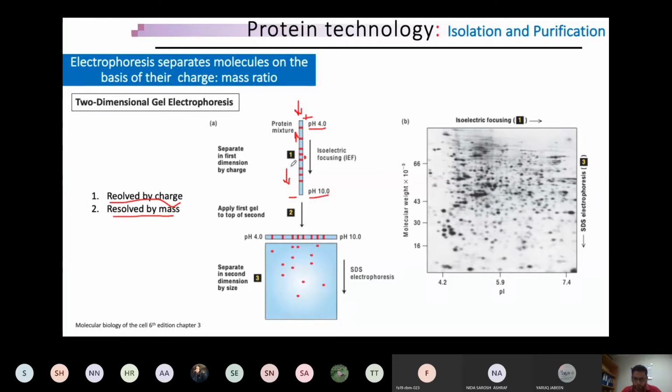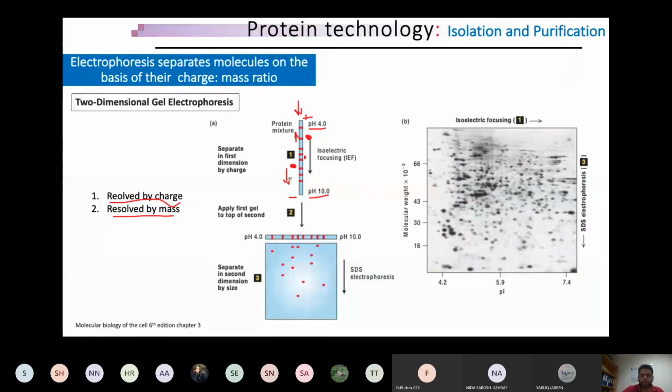It could be this point where this protein will be neutral, and if a protein is negatively charged and has more basic amino acids, it could be neutralized at this point. So according to their composition, these proteins will be neutralized at one isoelectric point or the other. Then what to do?